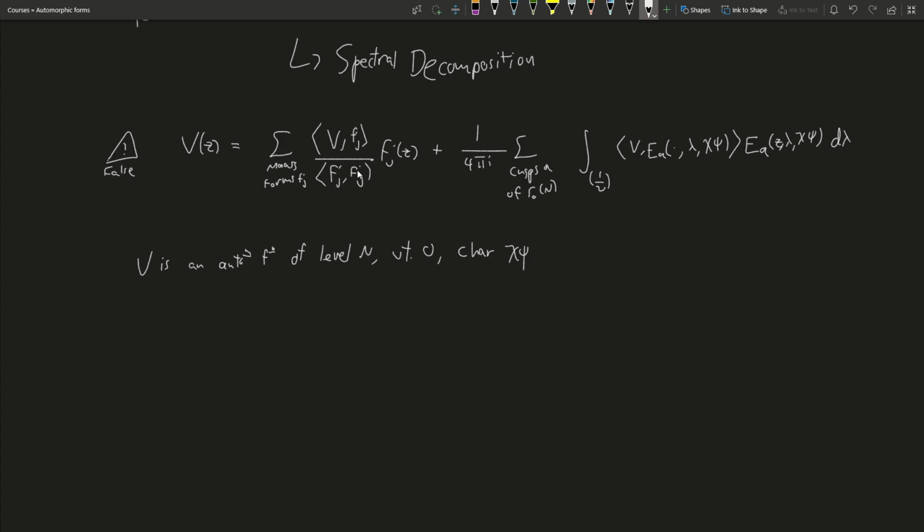The idea behind this identity, the idea behind spectral decomposition, is that you can think of this as a basis, right?